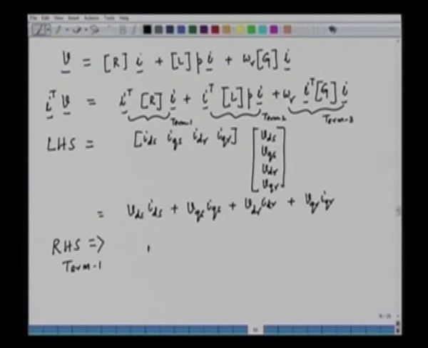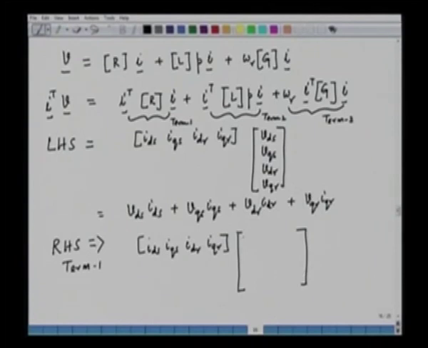I transpose is IDS, IQS, IDR and IQR. What is this R?